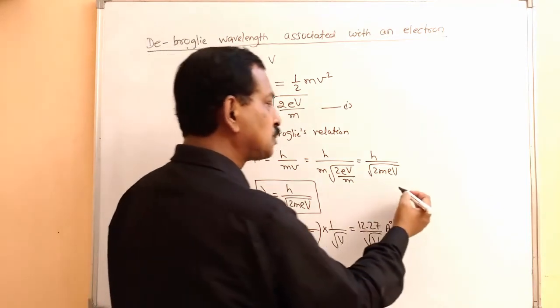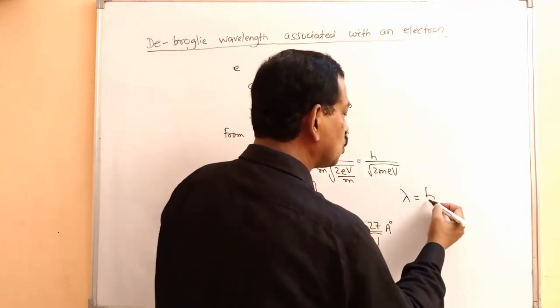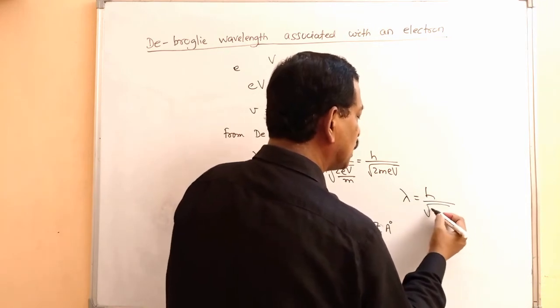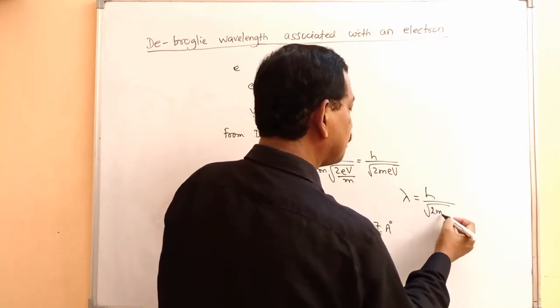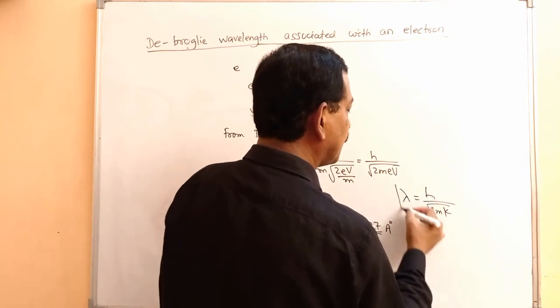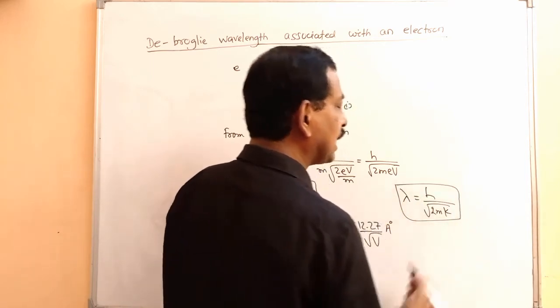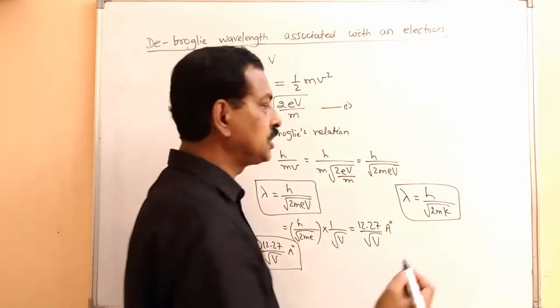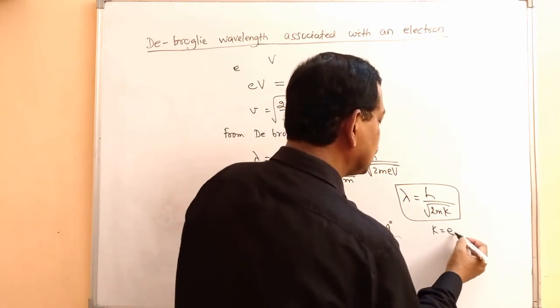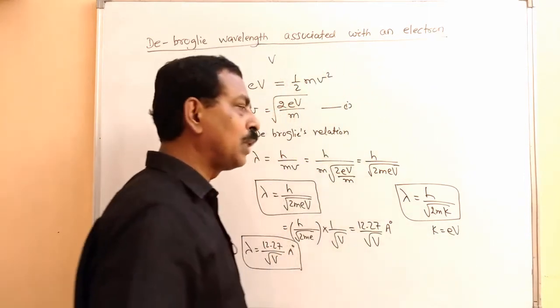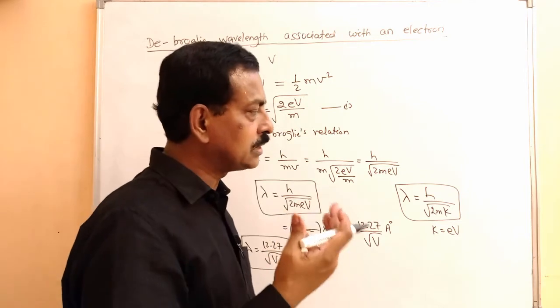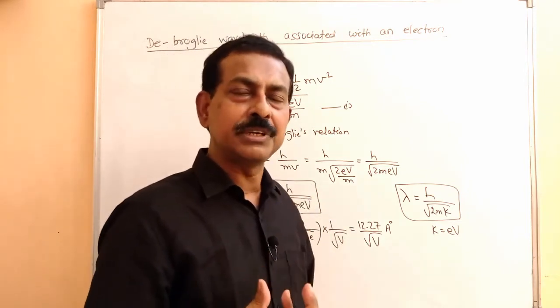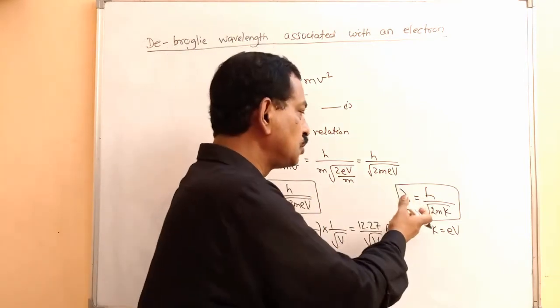So in some expressions you can also use h by root over 2mK, where K we are taking as the kinetic energy, and this K is eV. So in cases where the energy is already given, you can use this particular relation.